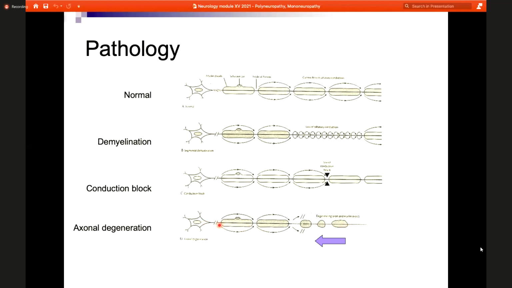So axoplasmic transport happens centrifugally, starting from the nerve cell and traveling towards the periphery. And it carries whatever ingredients are necessary for maintaining the integrity of the nerve fiber, because the whole cell contains the axon as well.